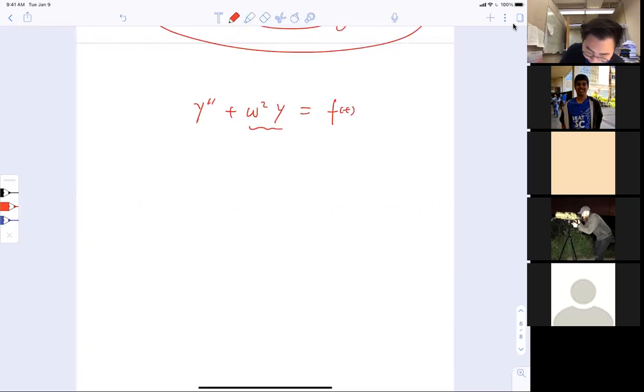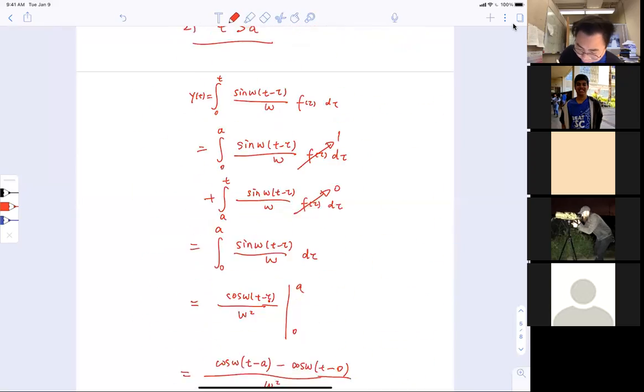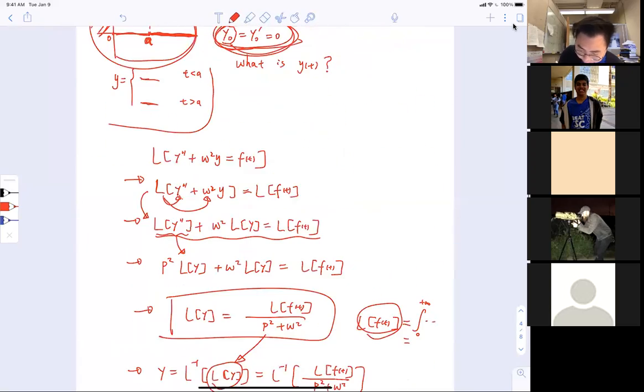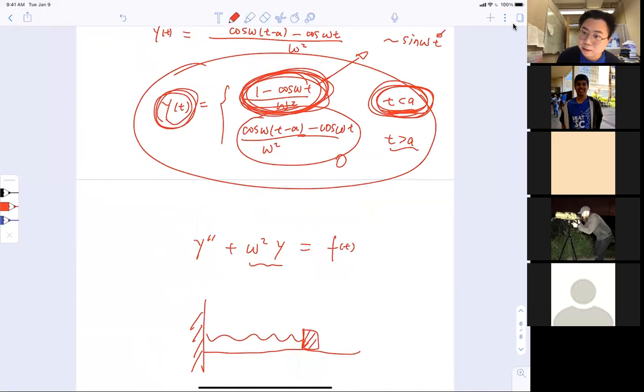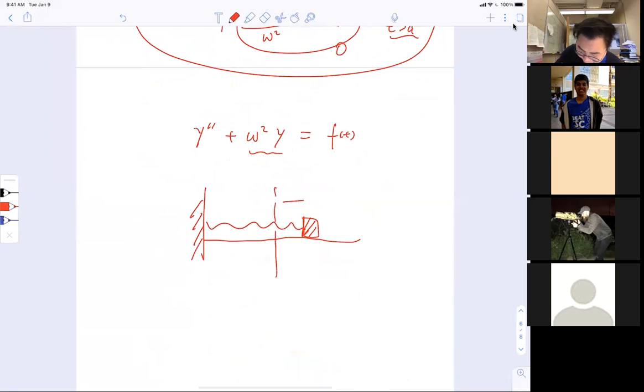So imagine you have a spring connected with an object, whatever. And because the initial position is 0 and the initial velocity is 0, meaning that it's in the amplitude position, right?